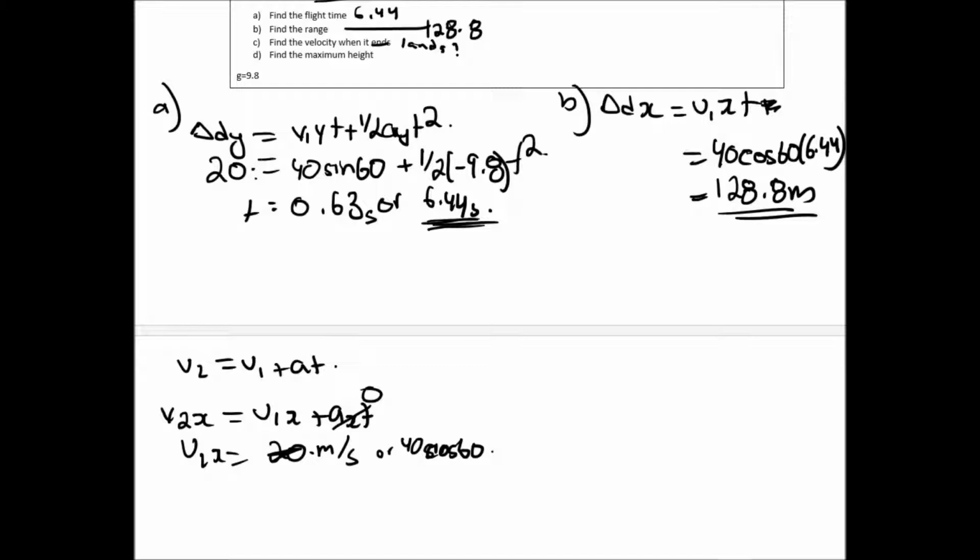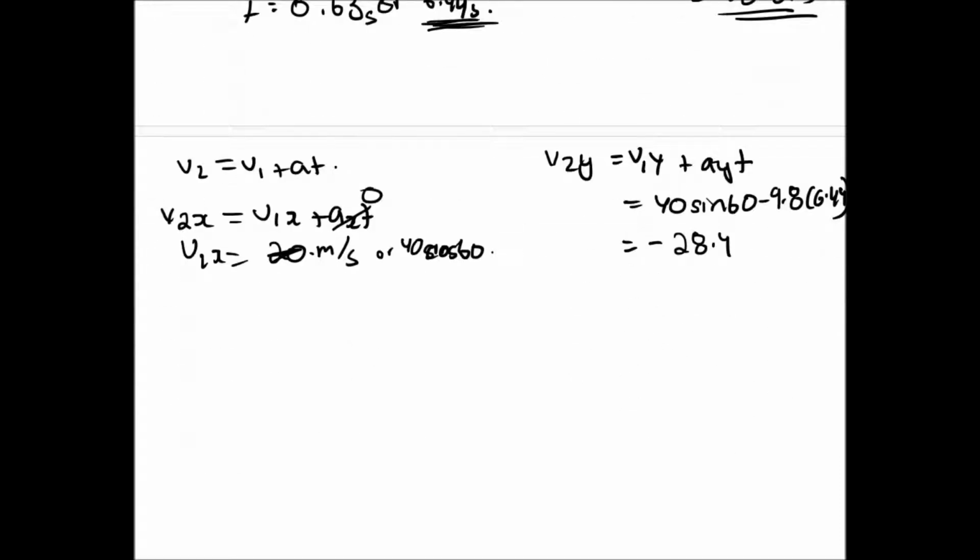Let's solve for v2y. v2y equals v1y plus ay t. It's going to be 40 sine 60 minus 9.8 times 6.44. And we got v2y equals minus 28.4.